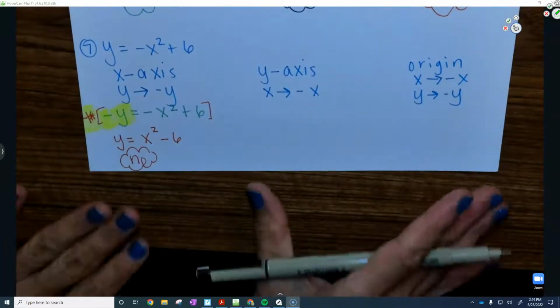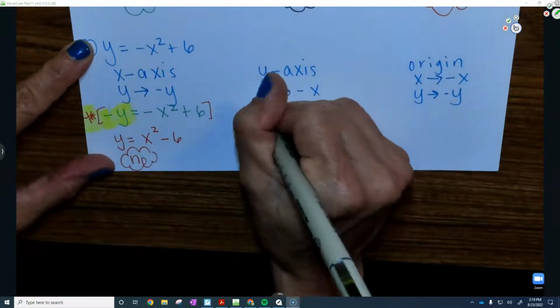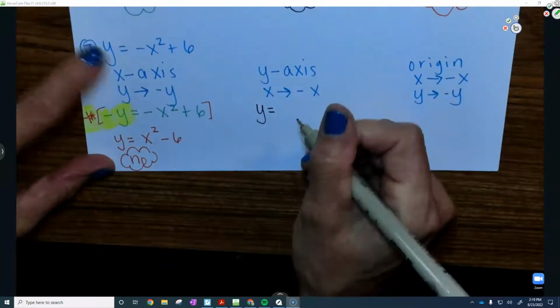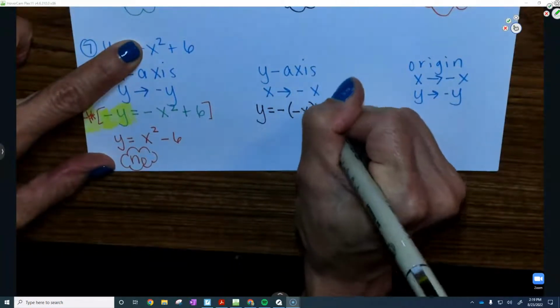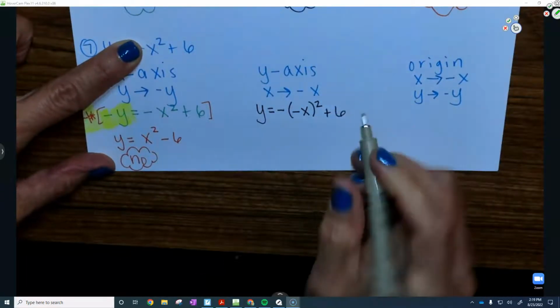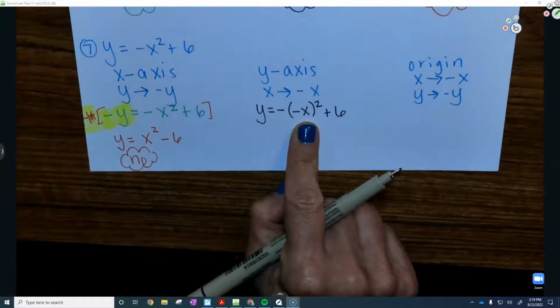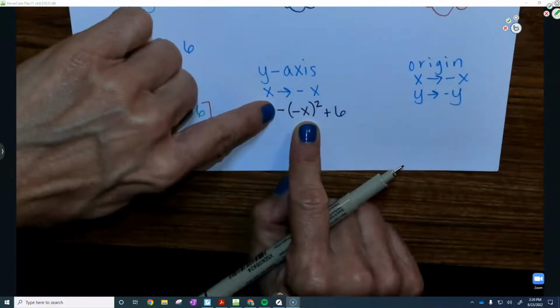All right, let's see what's going on with the y-axis. So we're going to write y equals, and remember, we're going to drop in a negative x for the x squared plus 6. A negative x times a negative x is positive. Then you distribute the negative.